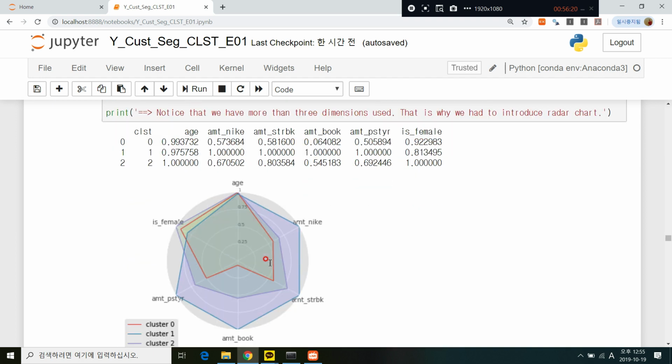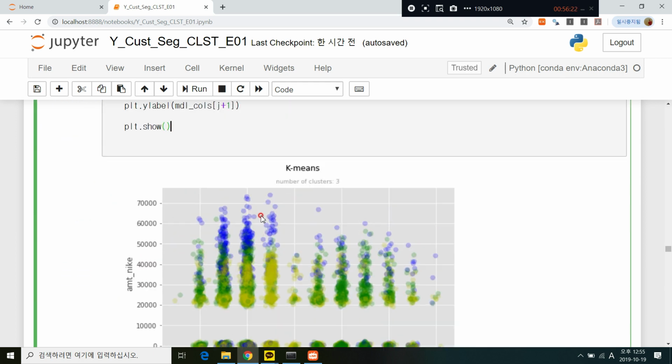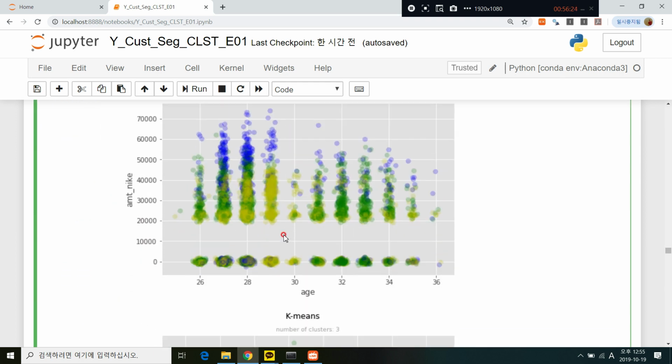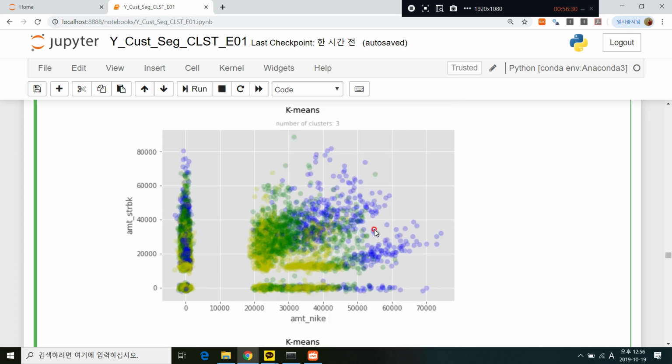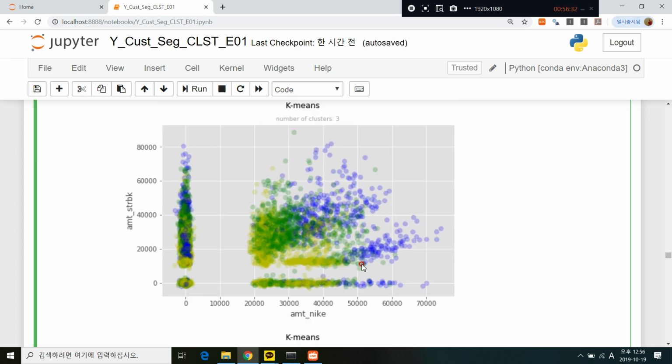The important blue group is here, and here are some yellows and others, including green ones. How about this? Let's take a look at Nike and Starbucks. These two are important. We learned this from the grid solution analysis.